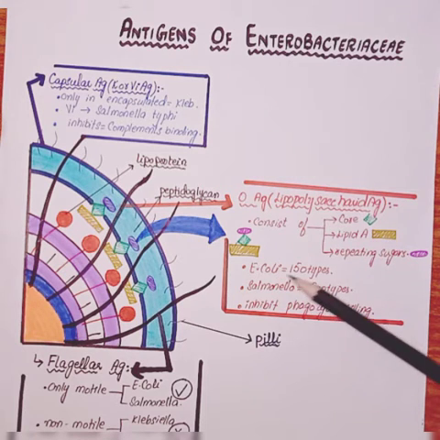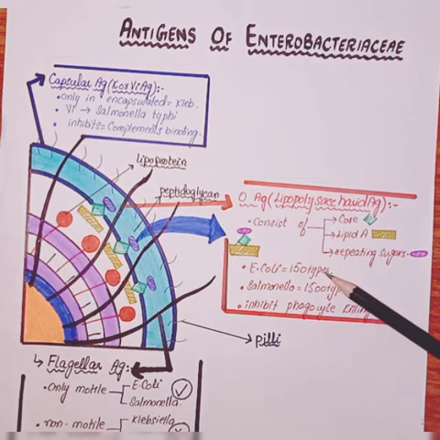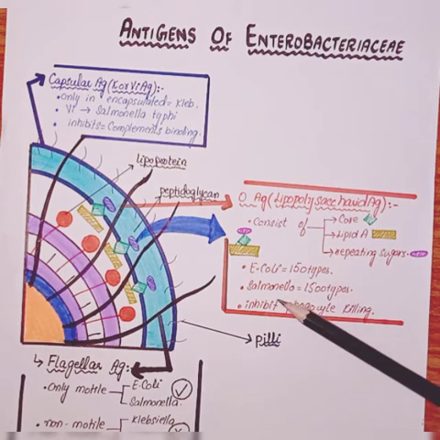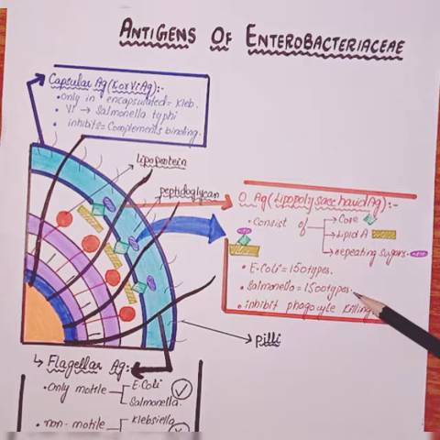E. coli has 150 different types of O antigen, but Salmonella has almost 1500 different types of O antigen. What is the function of this O antigen? It inhibits phagocyte killing. When phagocytes attack, it inhibits the phagocyte killing.